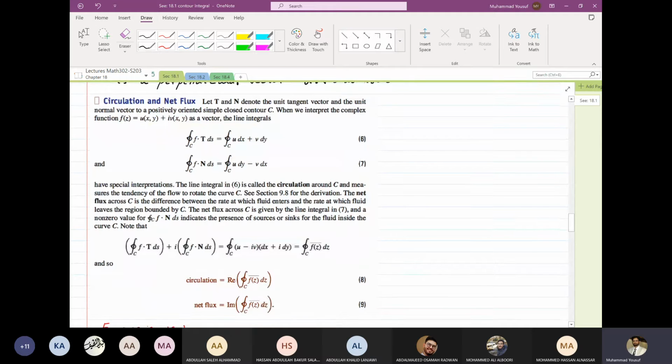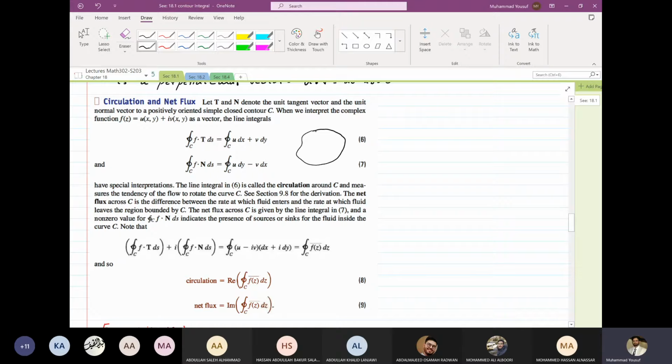Now the next topic is the use of these contour integrals, curve integrals, line integrals in finding circulation and net flux. Let capital T and capital N denote the unit tangent vector and unit normal vector to a positively oriented simple closed curve. We have some curve like this one, and later in some other section I will write the positively oriented definition.